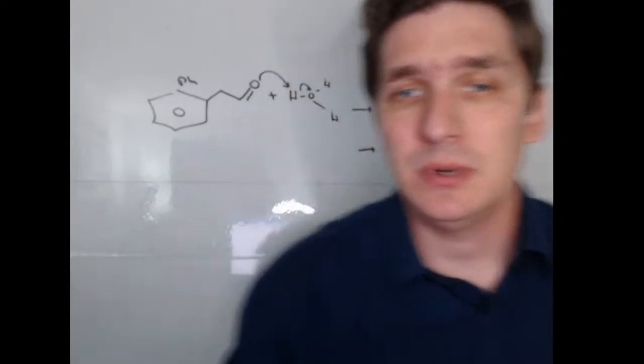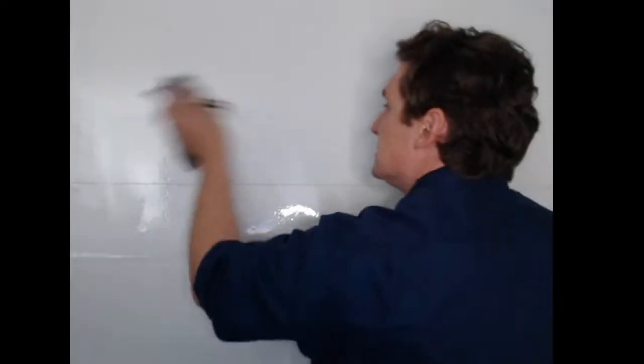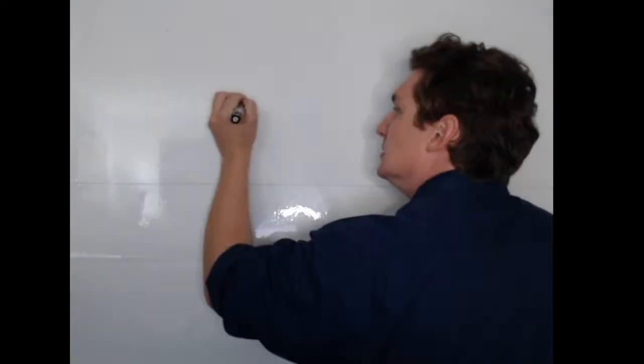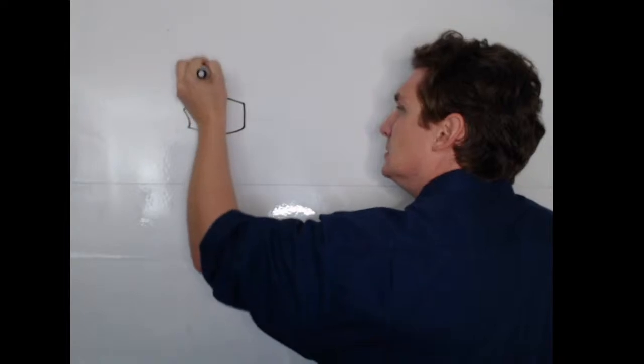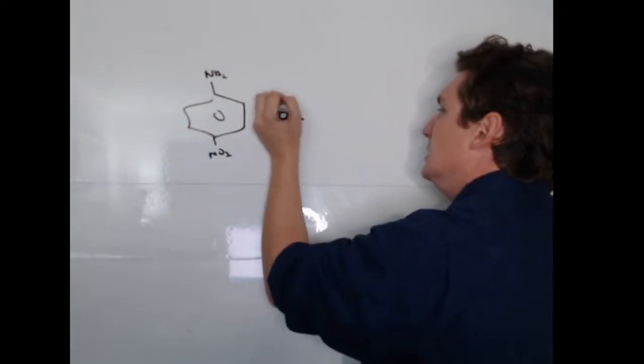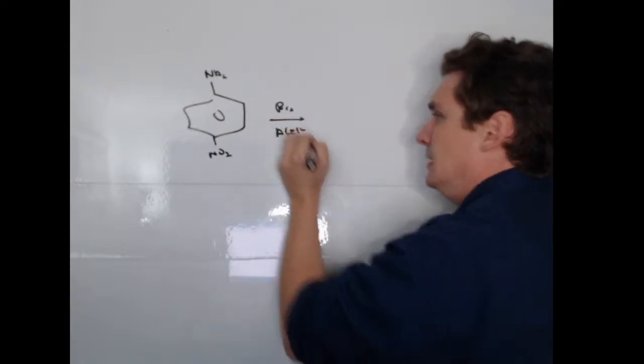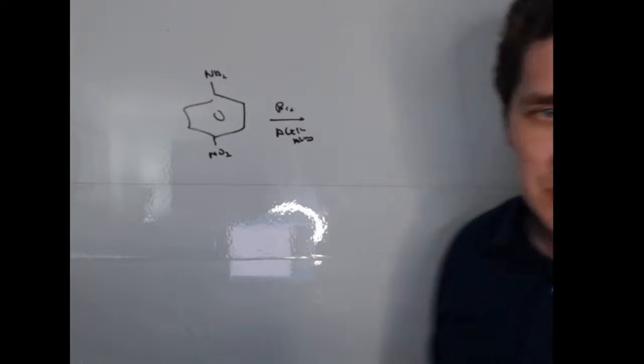Why is this a bad question? I do not agree with what they've done in this problem. What did they do? Br2 and acetic acid. I do not agree with this question.